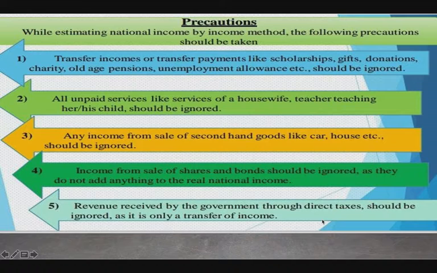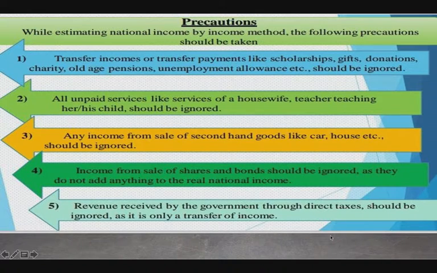Suppose, for example, a person's gross salary is 50,000. Then the institution where he works deducts direct taxes like income tax and professional tax from his gross salary. Then he receives the net payment.